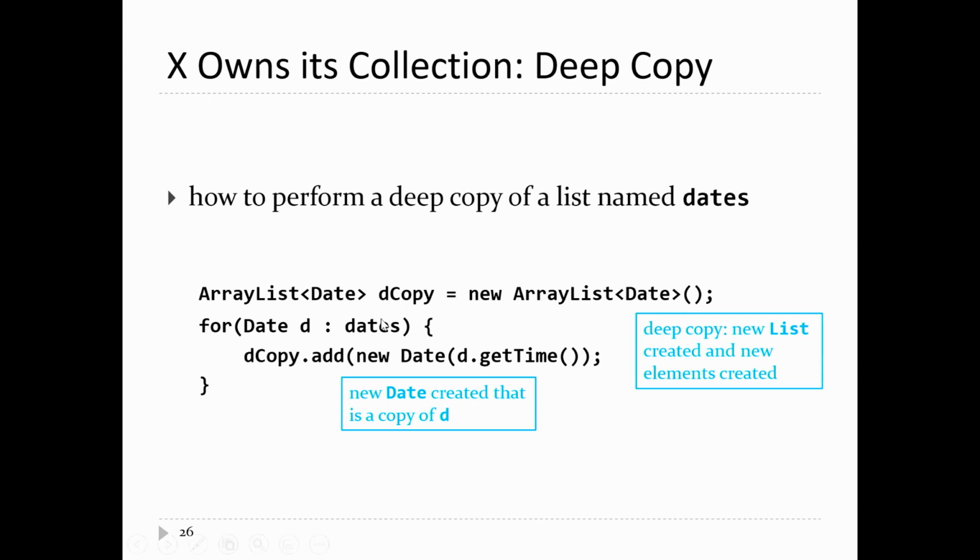For each element in the list that I'm copying, I make a new object and add that to the new copy of the list. So it's dcopy.add(new date). I'm making copies of the date objects and adding references to those new objects into the new list. There is no way to get around this. You have to write the loop yourself.